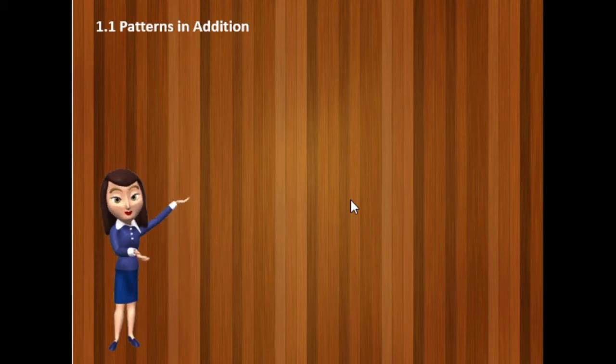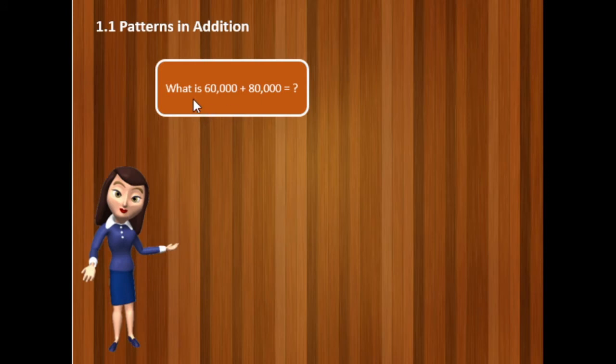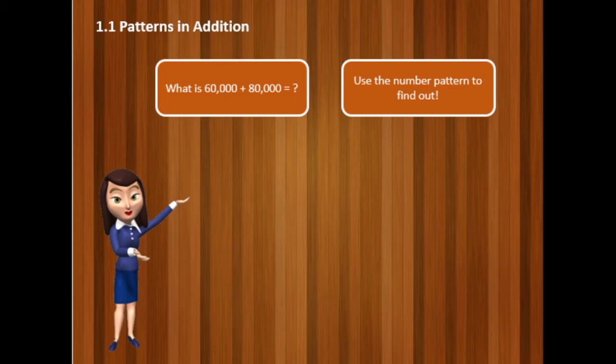First, we have here patterns in addition. What is 60,000 plus 80,000? How do we solve that equation? In this case, let's use the number pattern to find out.